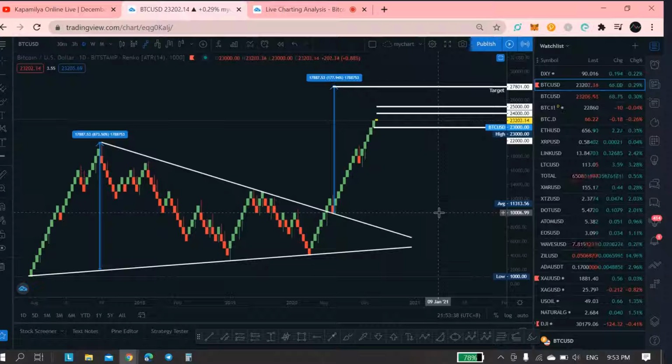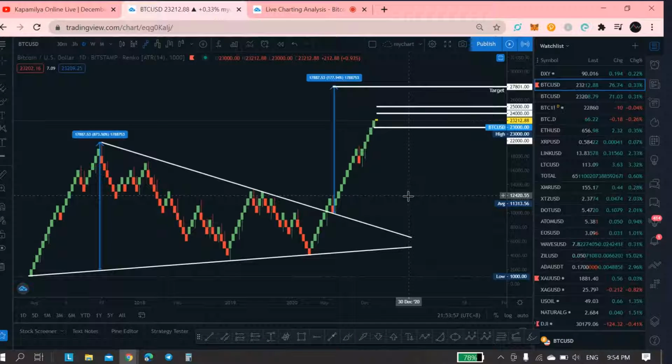So these are the projections that I'm sharing, but we can also use the Elliott Wave here. So 1, 2, 2, 3. We are currently in wave 3.